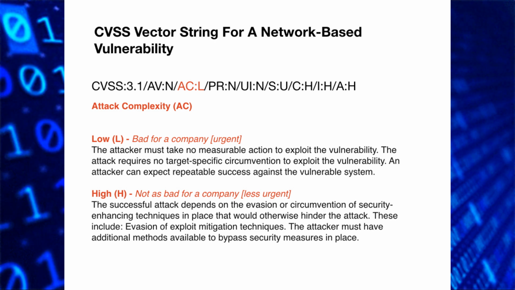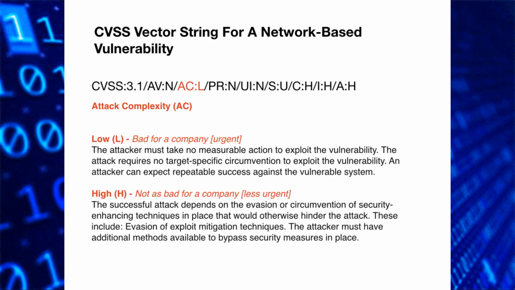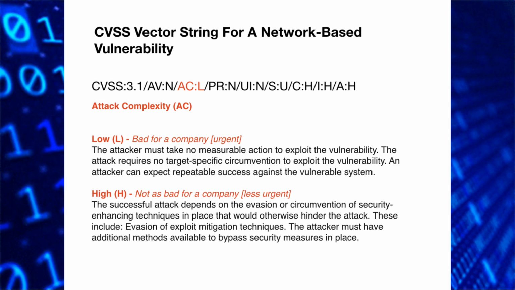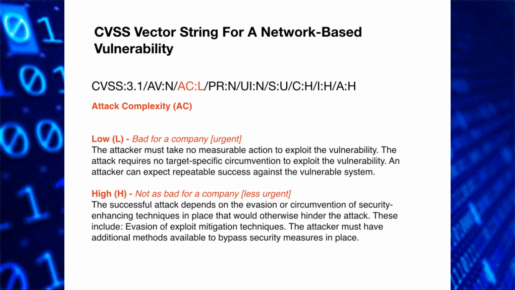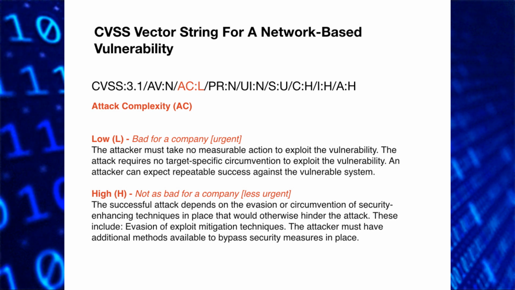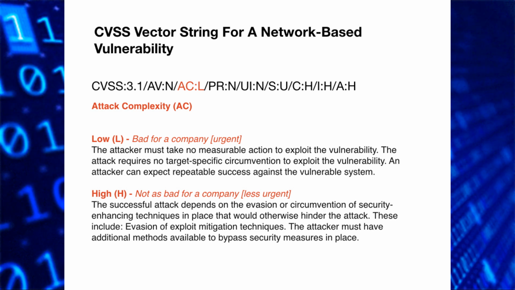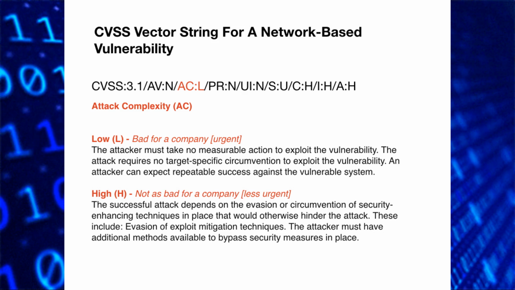High is not as bad for a company. The successful attack depends on the evasion or circumvention of security-enhancing techniques in place that would otherwise hinder the attack. These include evasion of exploit mitigation techniques. The attacker must have additional methods available to bypass security measures in place.